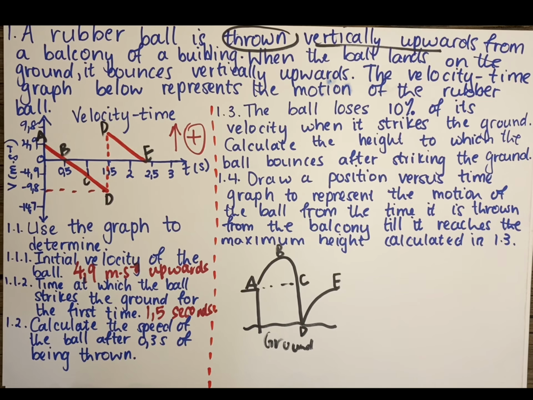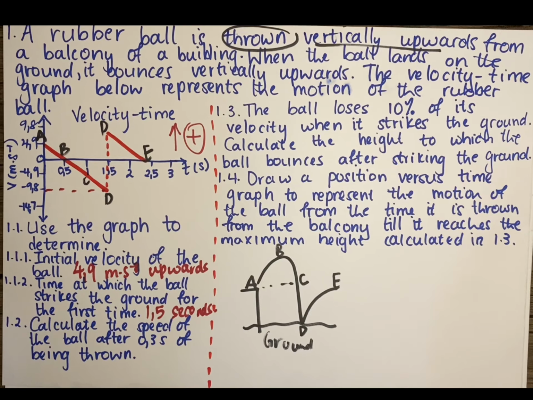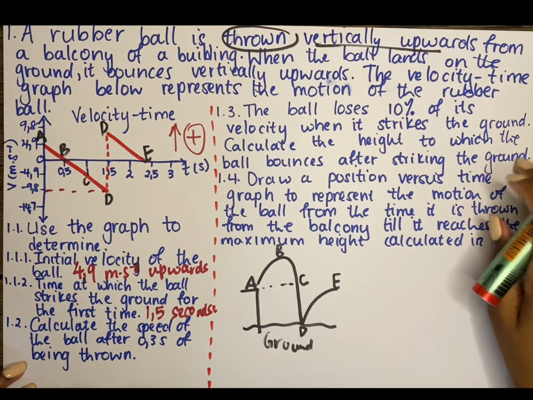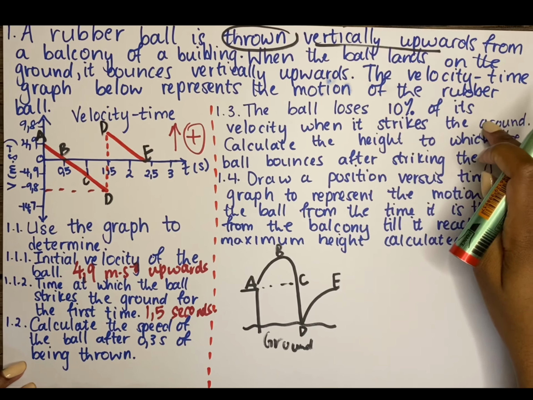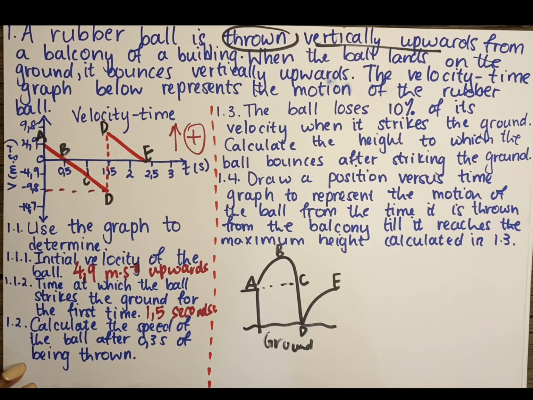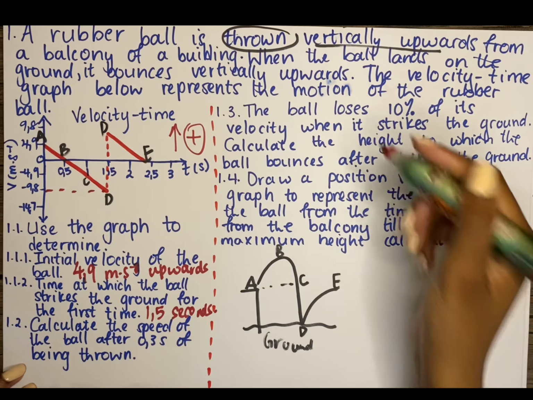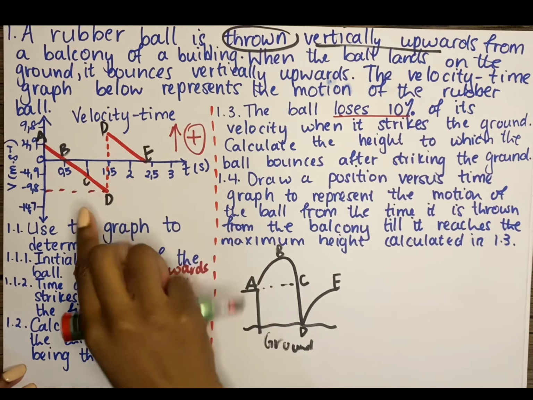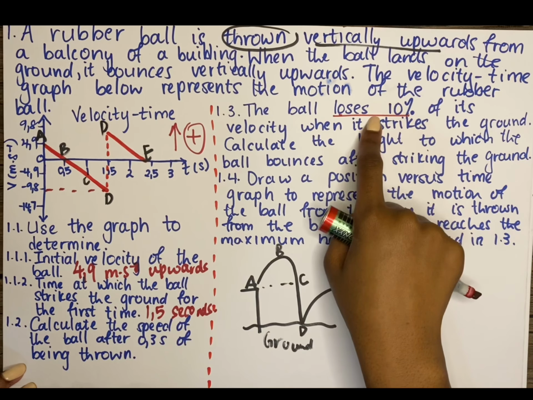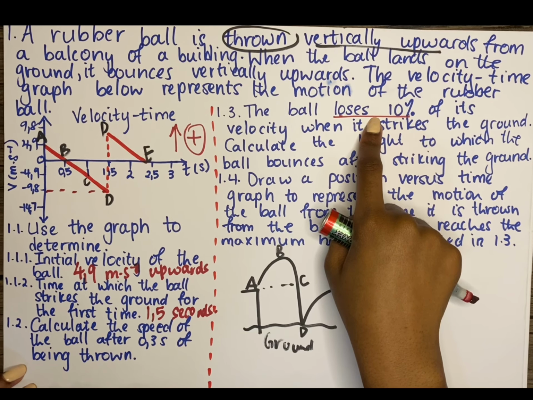Because it's now downwards, 9.8 meters per second. They say now when it leaves the ground, it loses 10% of its velocity. So you can calculate the velocity with which it's going to leave the ground, which is going to be the velocity that it reached the ground minus this 10%, right?